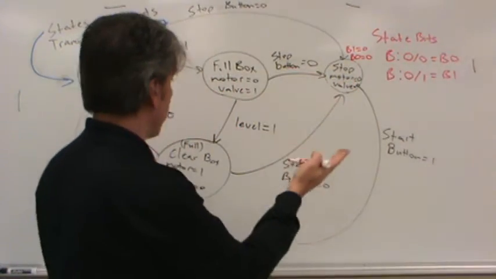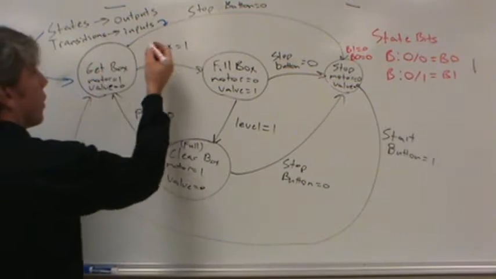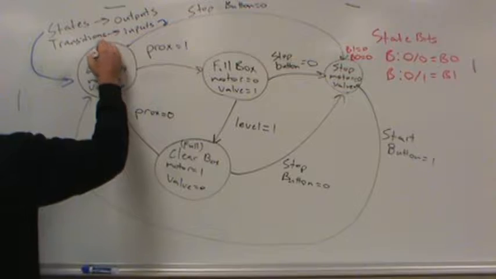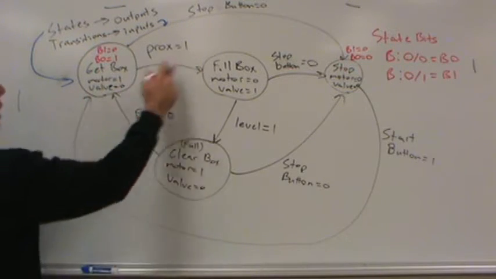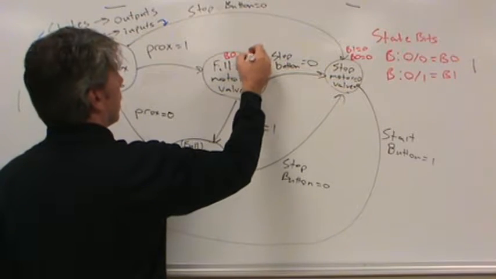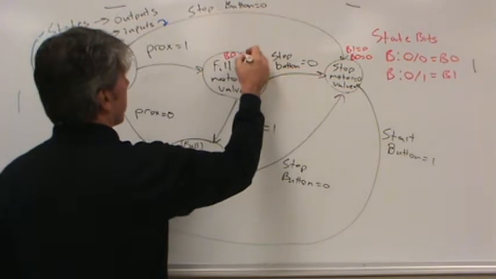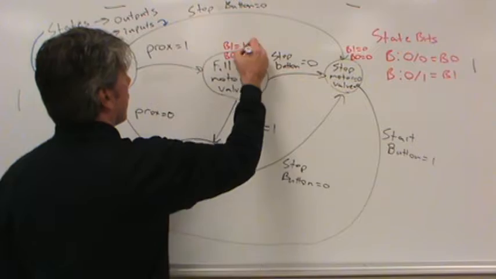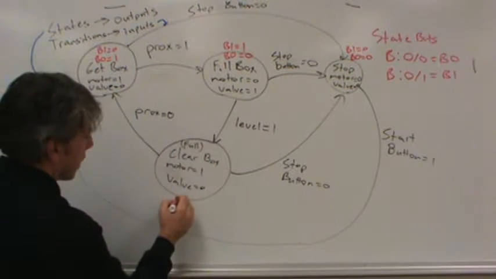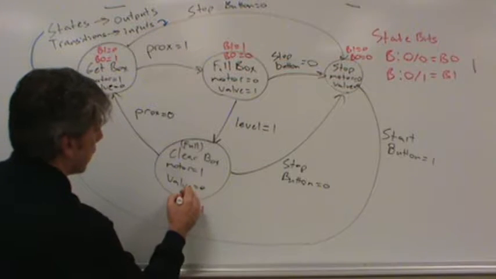Then I could differentiate the rest of the states. In fact, I could call this the B0 = 1, B1 = 0 state. And then I could call this the B0 = let's see, what do we got? 0, that should be fine. B1 = 1 state.